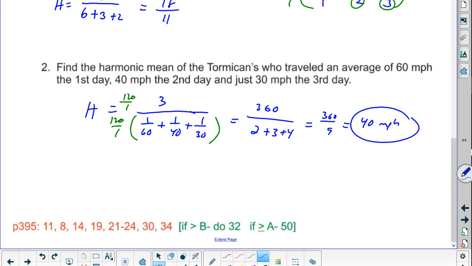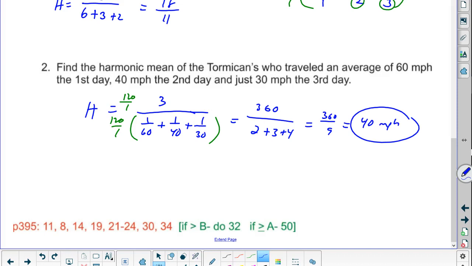Raquel, which one were you worried about? 120. So I was looking at 60, 40, and 30 and thinking about the common denominator. 40 doesn't go into 60, even though 30 does.